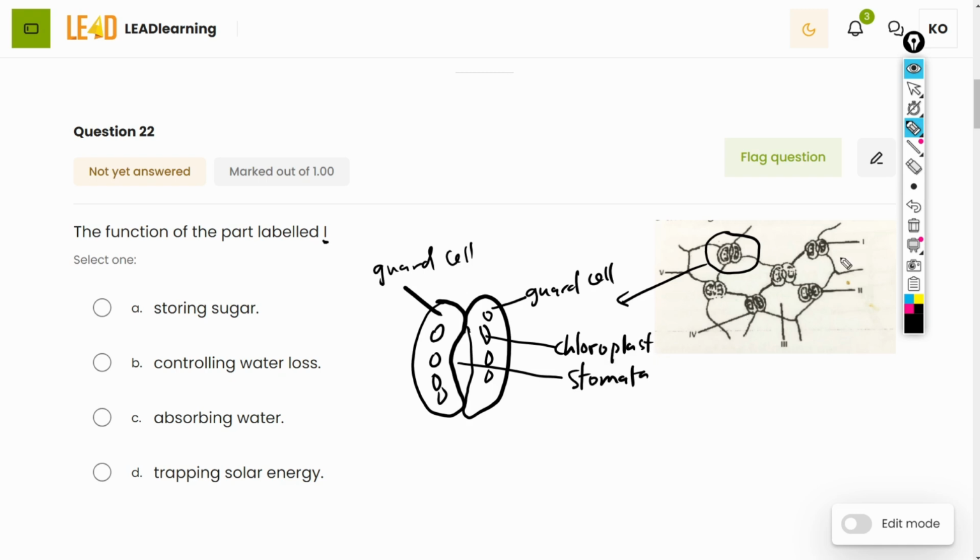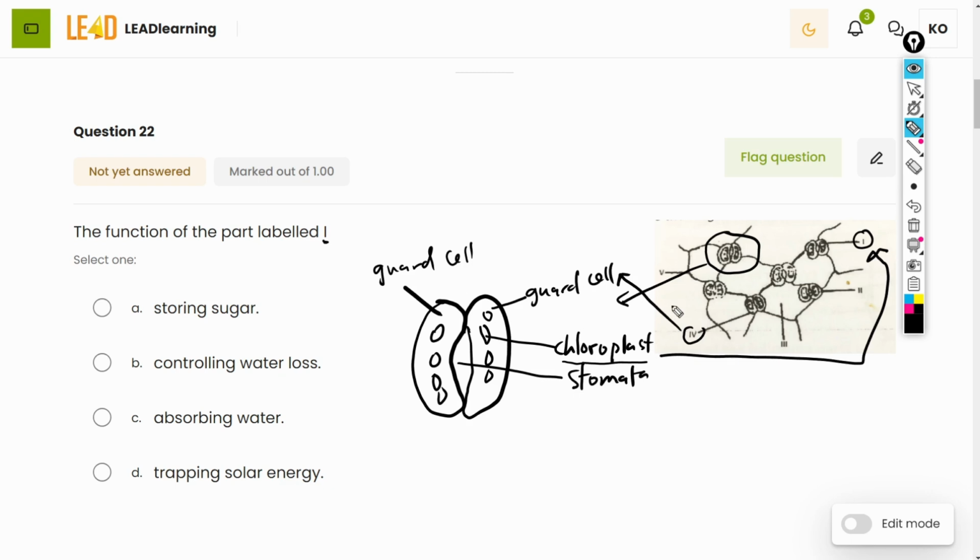Okay, so let's look at the diagram. The structure labeled 1 is clearly touching something inside, because I can see the structure labeled 4 is touching the guard cell itself. So if structure 1 is touching features inside the guard cell, that means structure 1 is the chloroplast.